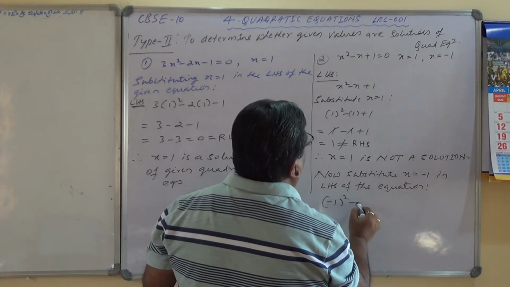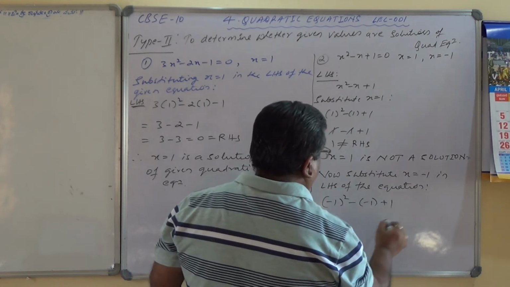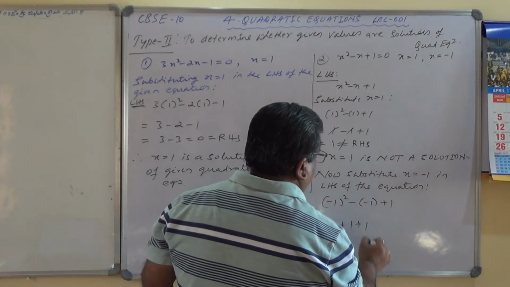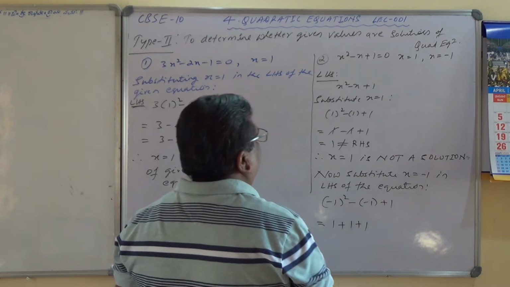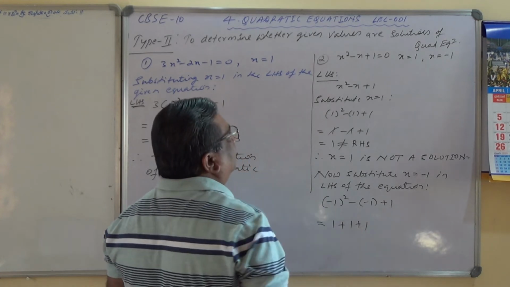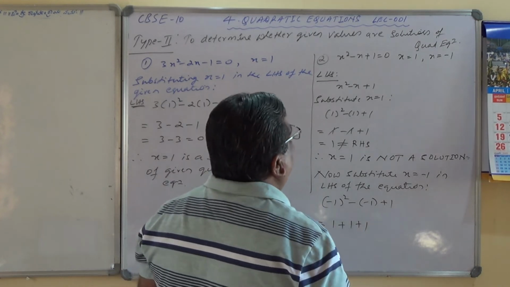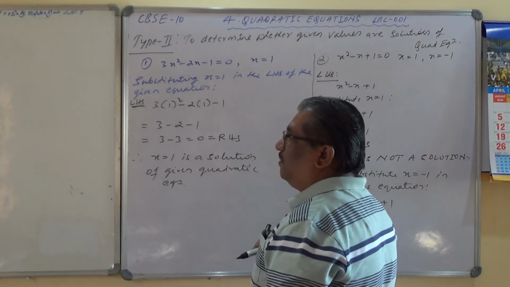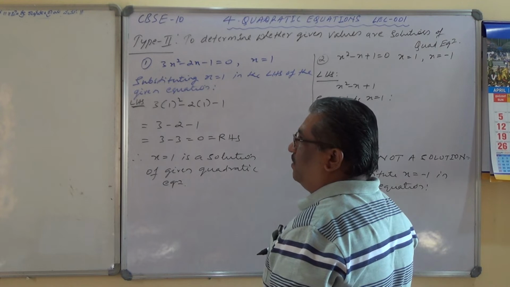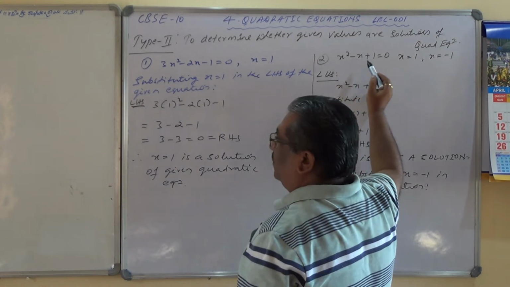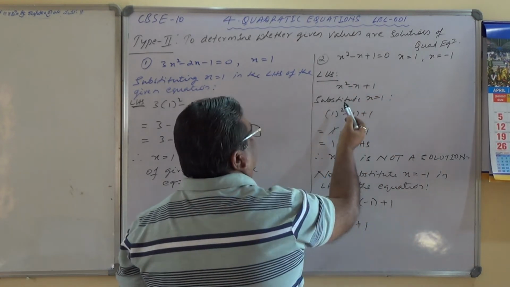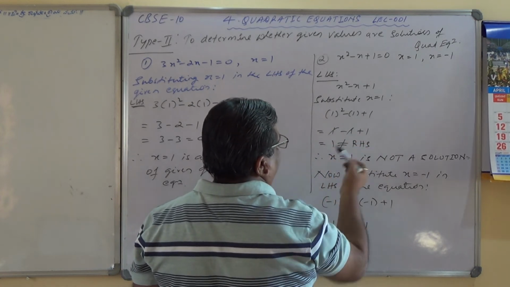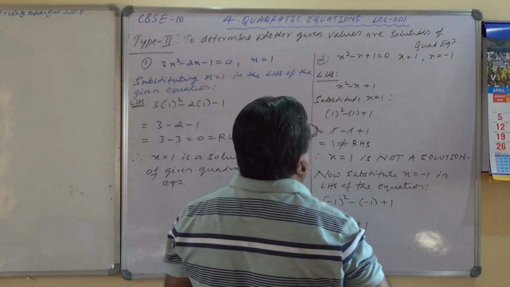Minus 1 the whole square minus of minus 1 plus 1 equals 1 plus 1 plus 1. Is it right? I think we have made somewhere a mistake. Let me check once again. X equals 1, whether the equation is correct, x square minus x plus 1 equals 0. X is equal to 1, 1 square minus 1 plus 1. Yeah, it is correct. X is equal to 1 is not a solution.